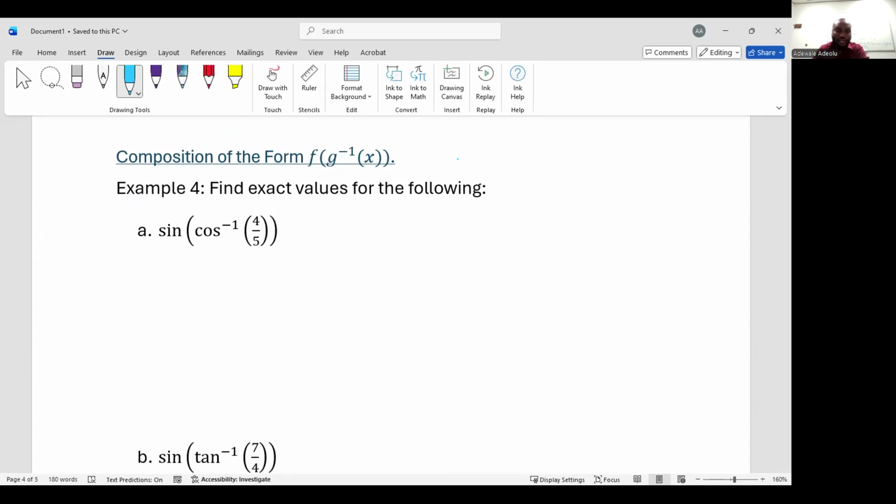Now, we want to consider composition of this form. The other time, we looked at composition of F inverse of F. Then we proceeded to something like F inverse of G of X. Now we want to look at composition of this form, F of G inverse of X. That is when the inverse is the inside function.